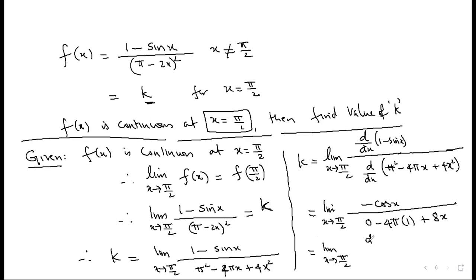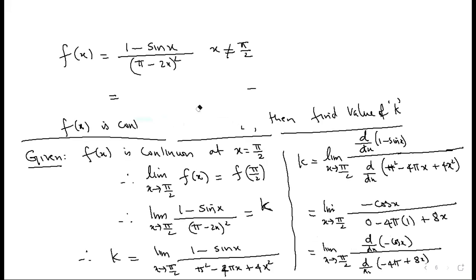It is 0 by 0. So d by dx of minus cos x divided by d by dx of minus 4 pi plus 8x. So it will be sin x upon 8. I don't have space there, so I'll write it up.